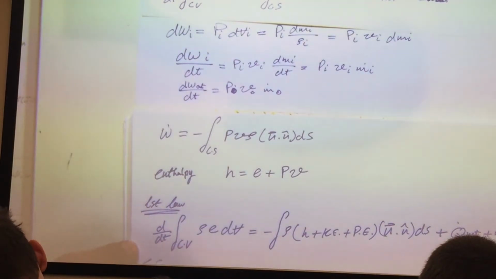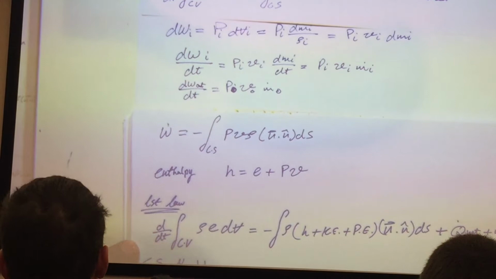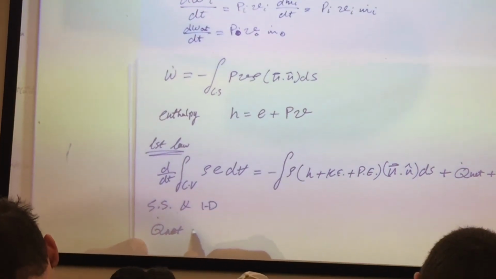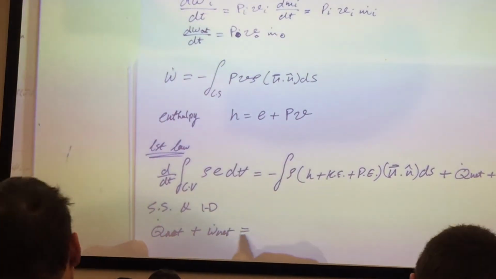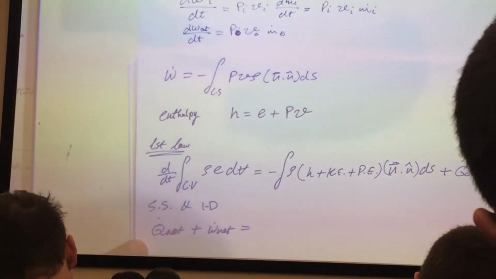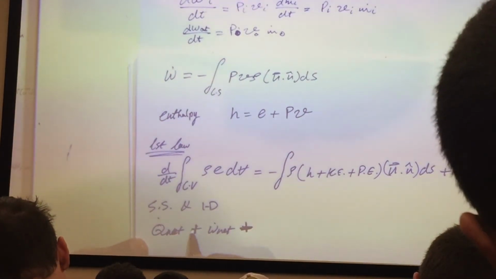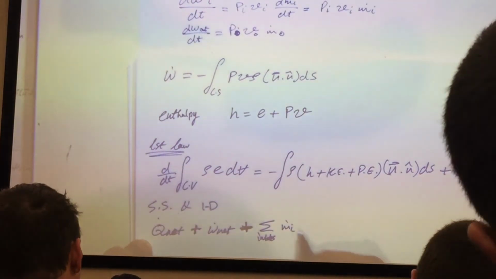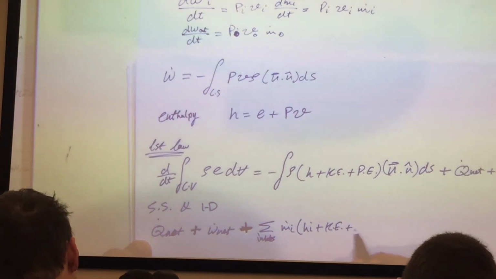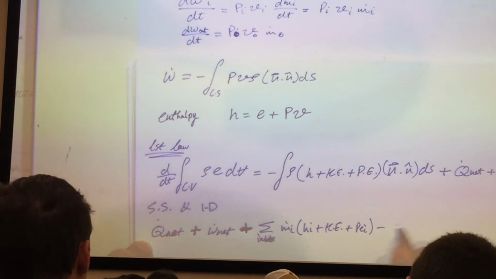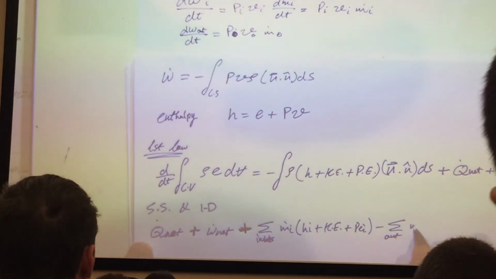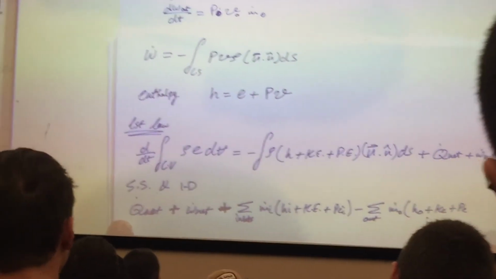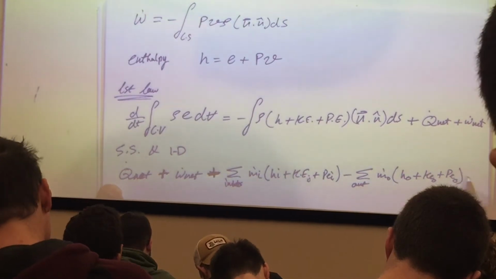So if I say steady state, this term will go to 0, and say 1D, my general form of the equation, that's the one I want you to get used to: Q net plus, move everything on one side so I can make it equal to 0, plus the summation of the inlets, which is m dot times enthalpy plus kinetic energy plus potential energy, minus the summation of outlets, m dot outlet multiplied by enthalpy plus kinetic energy plus potential energy outlet, this is inlet, is going to equal 0.